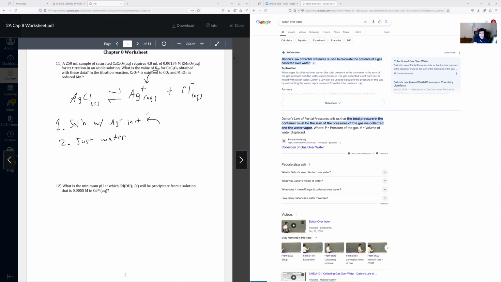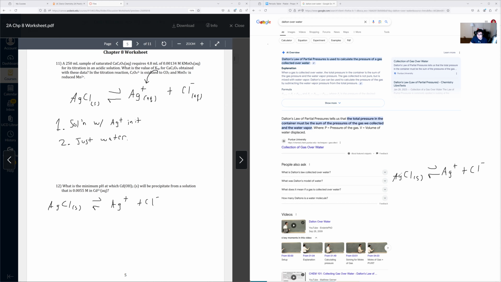So if you were to set up an ice table, really the only difference numerically between these would be, and let me write two of these, AgCl. I'm going to do it on the right since I have a lot of screen space. If they were to ask you to do an ice table, you could actually solve this if I gave you the Ksp.